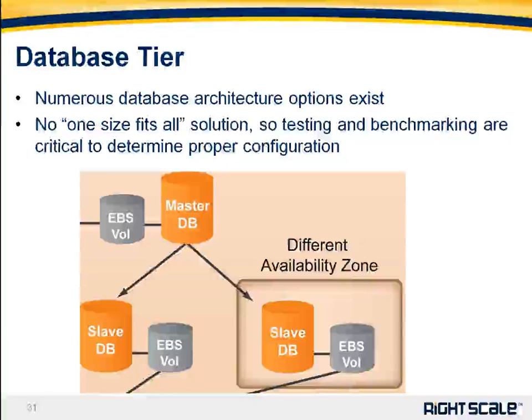I also wanted to mention before we dive into the next tier that this basic reference architecture that Brian's been running through is not really just theoretical. It's been heavily tested in real production websites, including many of the big poster child stories in the cloud that some of you may have heard of before.